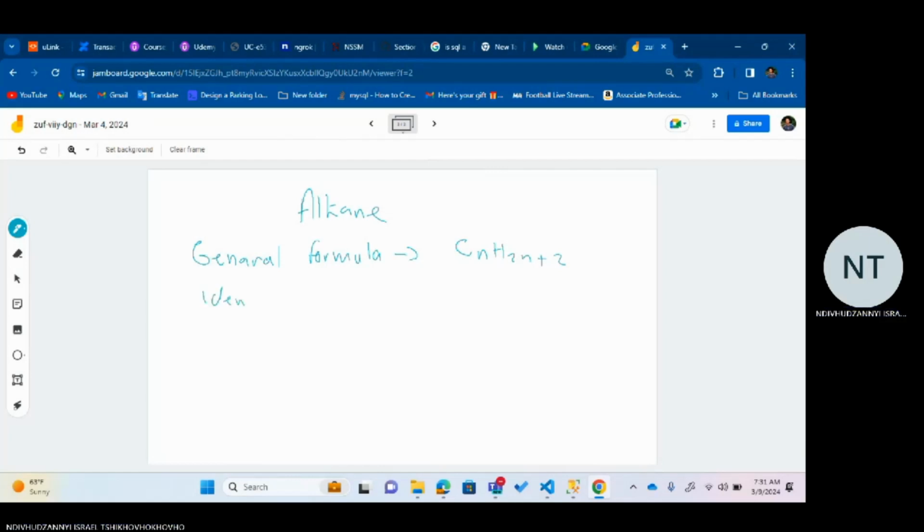So how do we identify an alkane? In between the C atoms, there is a single bond.